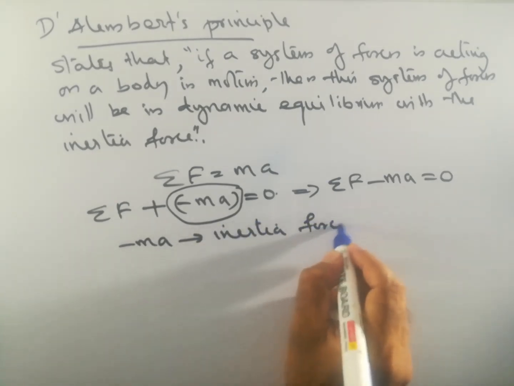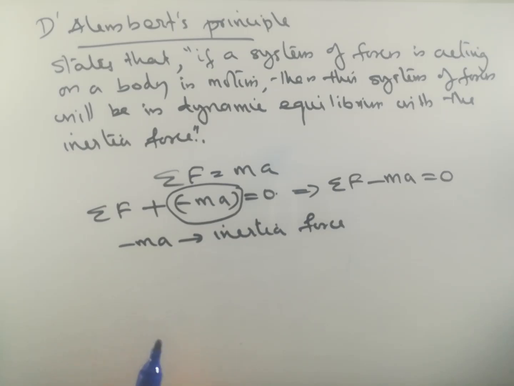It will always be opposite to the direction of motion. So minus ma is called the inertia force. So that is D'Alembert's principle.